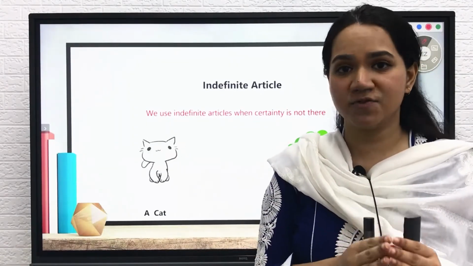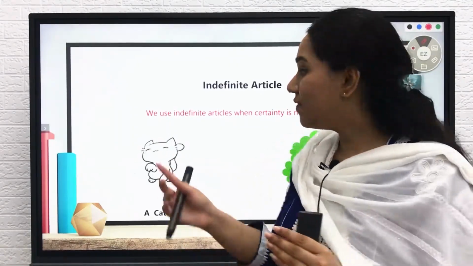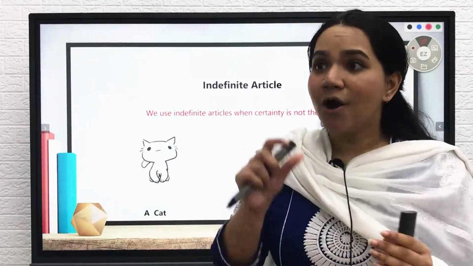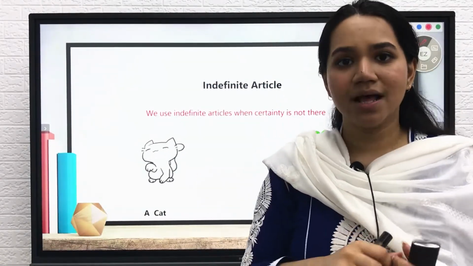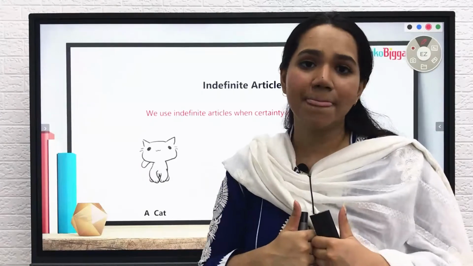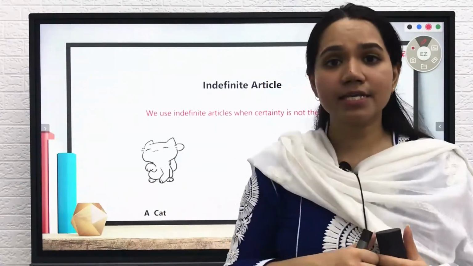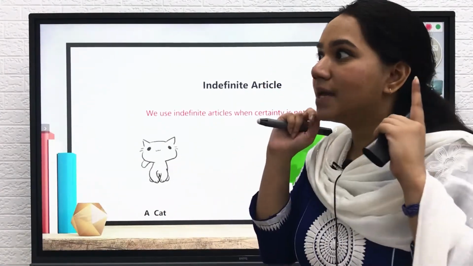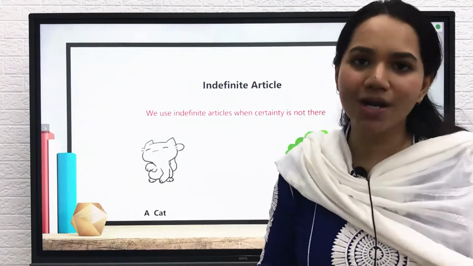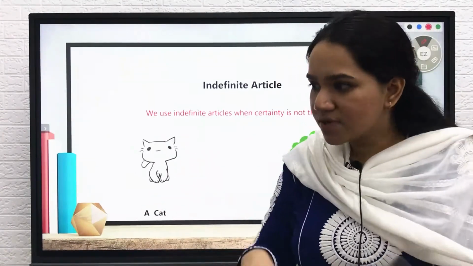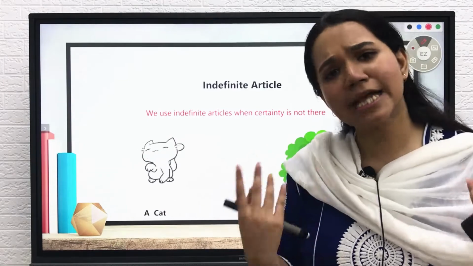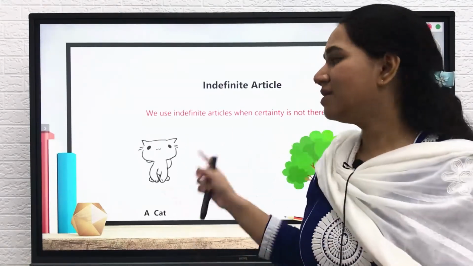I do not have to specifically mention this cat to be of huge importance. Suppose I want to say that this cat is the one that I am amazed at the most, or this cat has done something very fascinating. In that case, I will mention the.